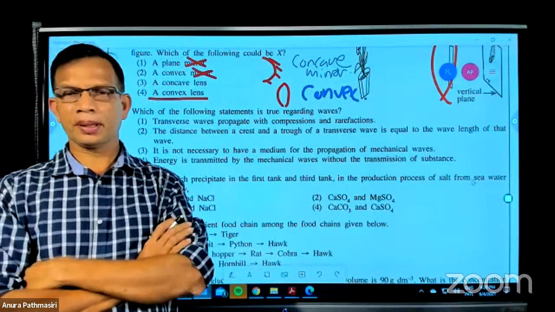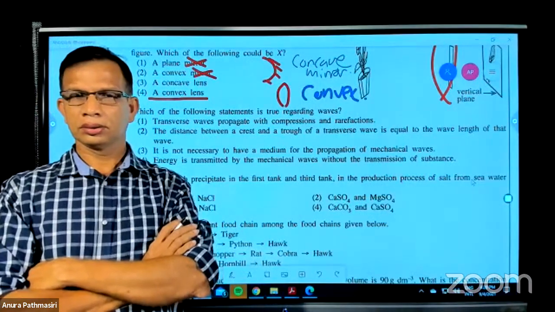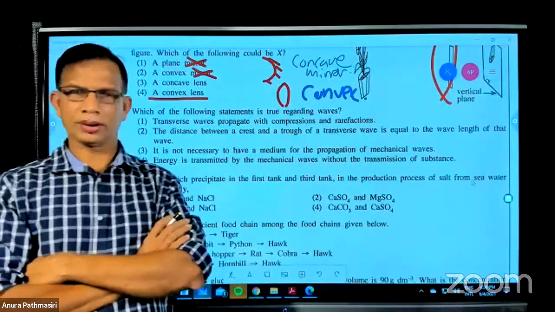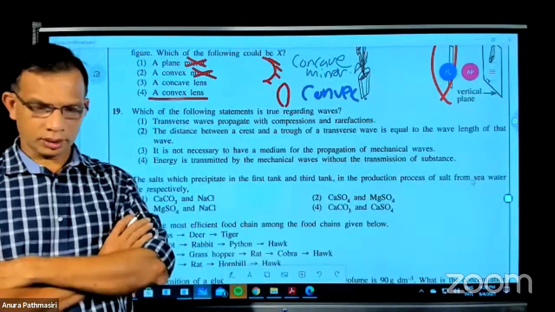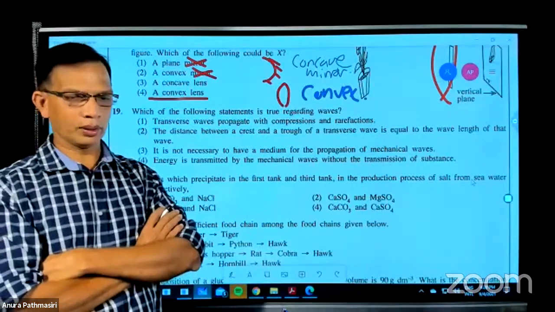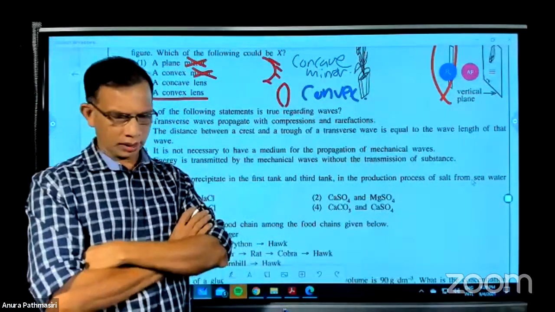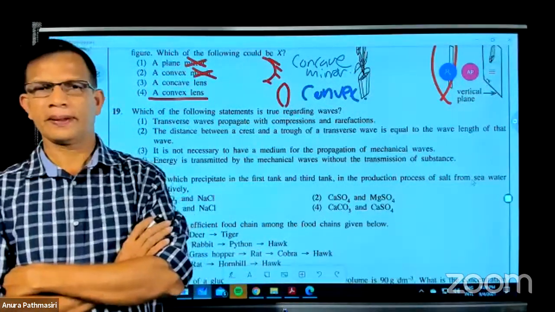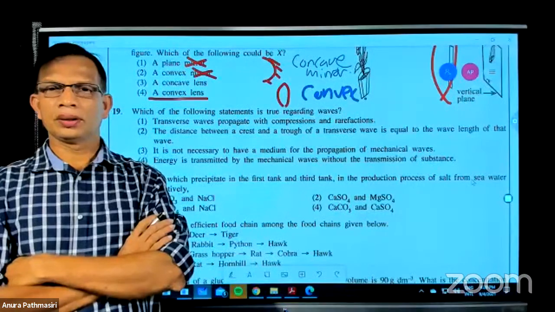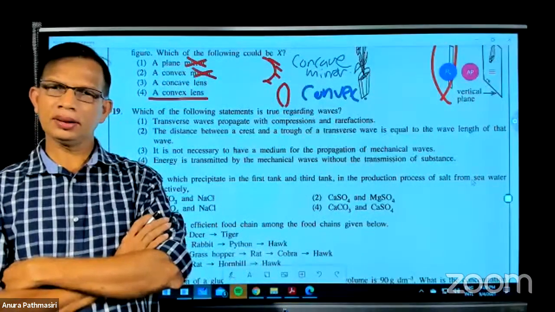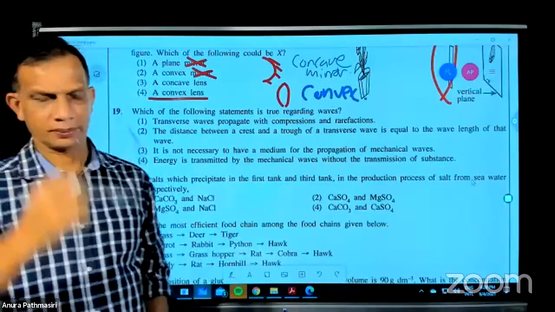Energy is transmitted by the mechanical wave without the transmission of substance. The question comes from the waves lesson, and your answer for this question is what?